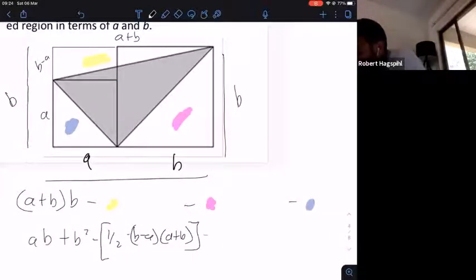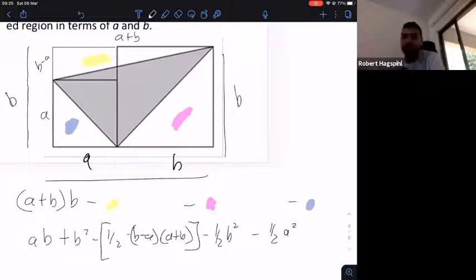Then the pink area is just going to be a half B squared, and the blue area is going to be a half A squared.